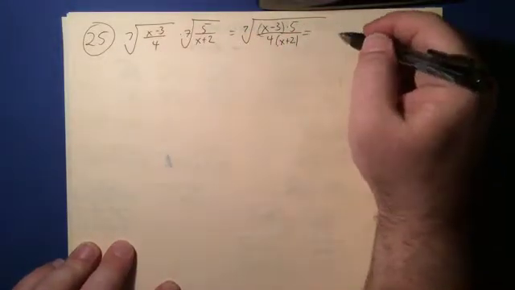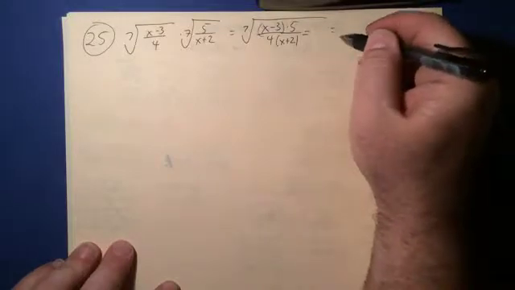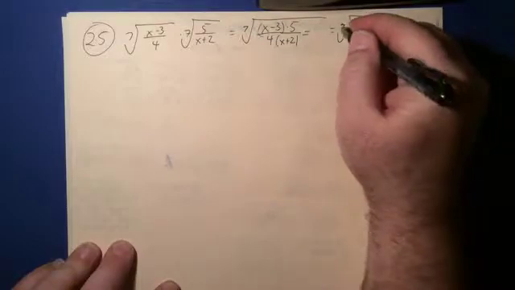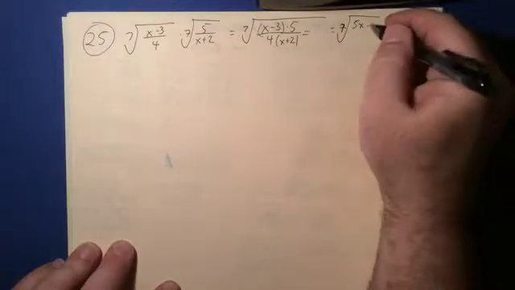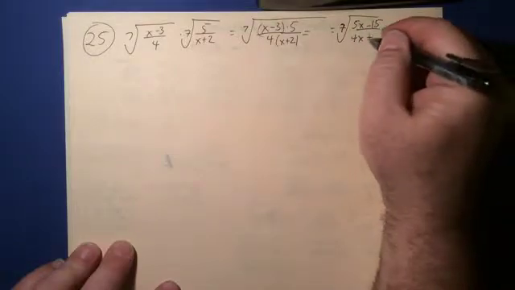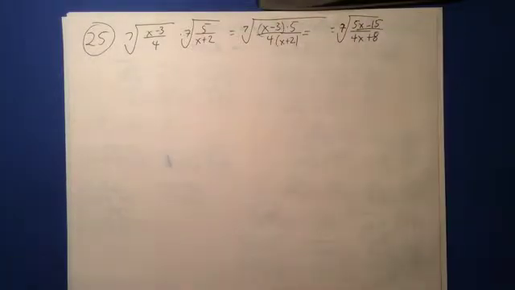So let's see if we can simplify this a little bit as the 7th root of 5x minus 15 over 4x plus 8. So we just multiply everything together. Multiplying like we've always done here, just throwing in some radicals into the mix.